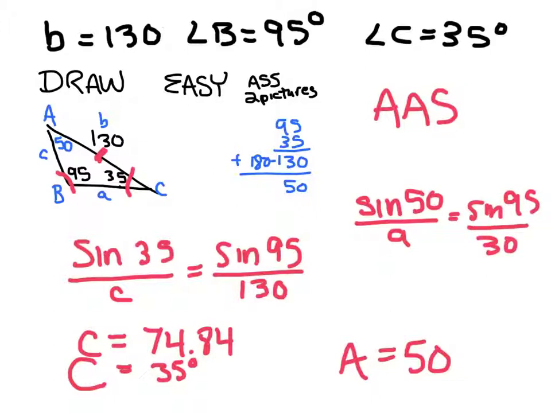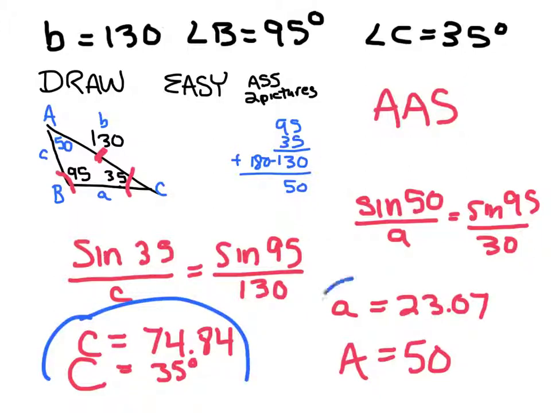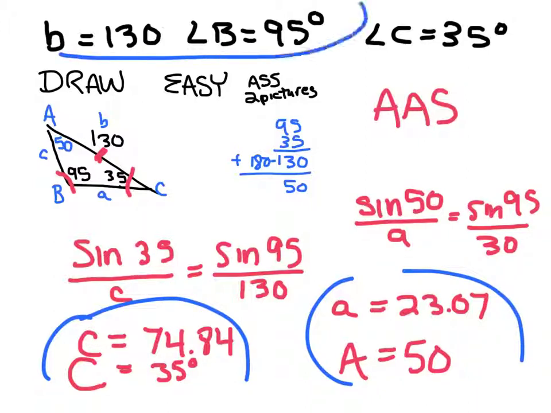I get out my calculator, I type in sine of 50, close the parentheses, times 130, divided by sine of 95, and I get A is 23.07, and I've got my C's, I've got my A's, I was given my B's, the triangle is solved.